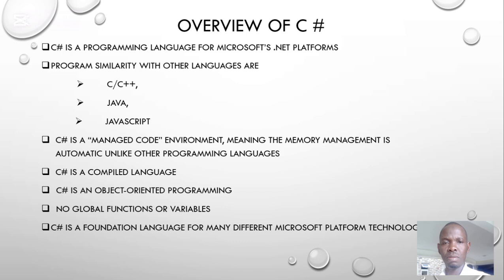That is, your code is first built before it gets run. You have to compile the program, you have to build it first. It is an object-oriented programming language, and C# is a foundation language for many different Microsoft platform technologies. The memory management is automatic in C#, so it is managed code.